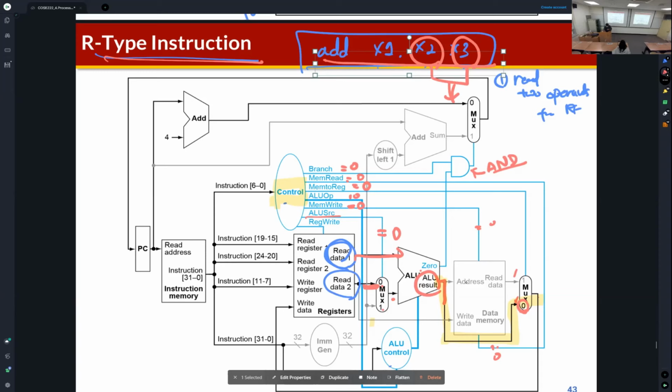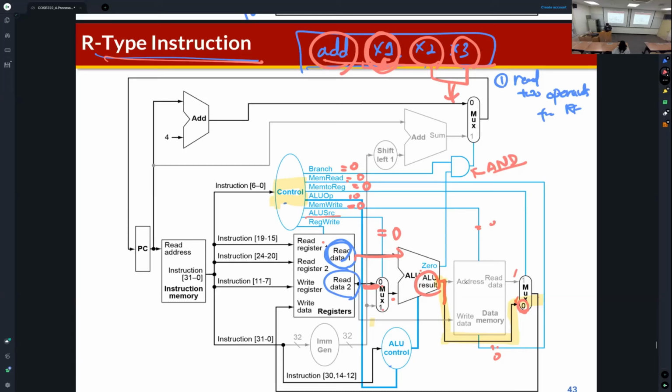So you can find that reg write is connected to the control signal port of the register file. So what is the required operation of this add instruction? Finally, the result of the add instruction is written back to the destination register, which means that this instruction requires write back to the register file.